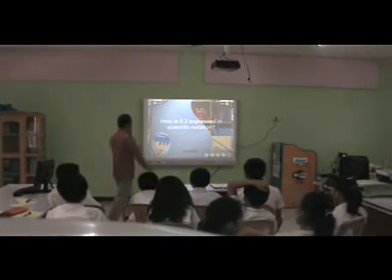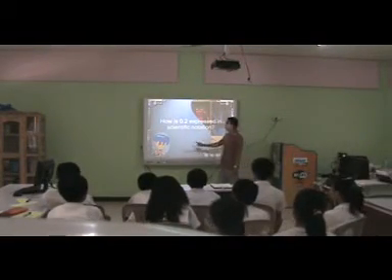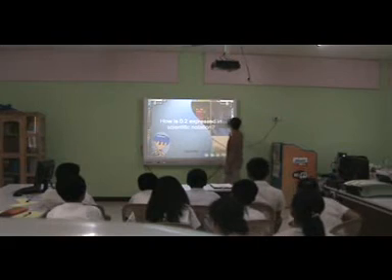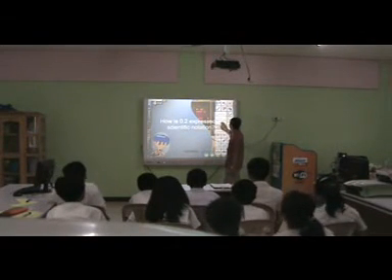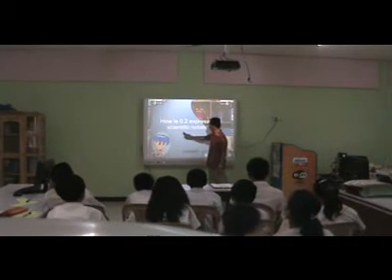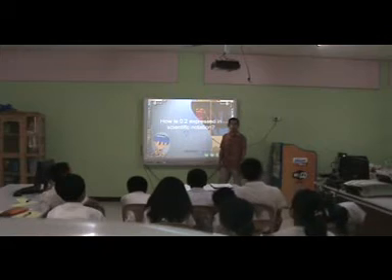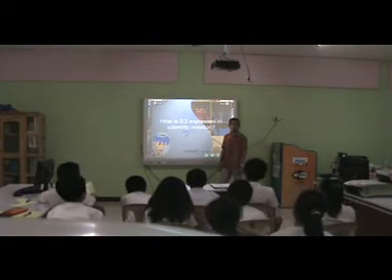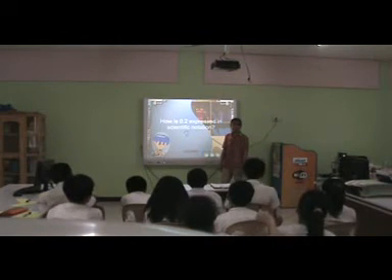What's rule number 1? What is the first non-zero digit? 2. So you write there 2. Next, rule number 2. Count the number of movements.